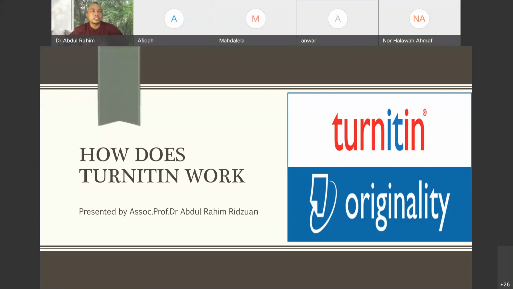When we submit to journals, we have to comply with their standard rules, for example 20% and below. Even during my PhD, I used the Turnitin account provided by my university to check my thesis from time to time before I submitted it for the Viva.